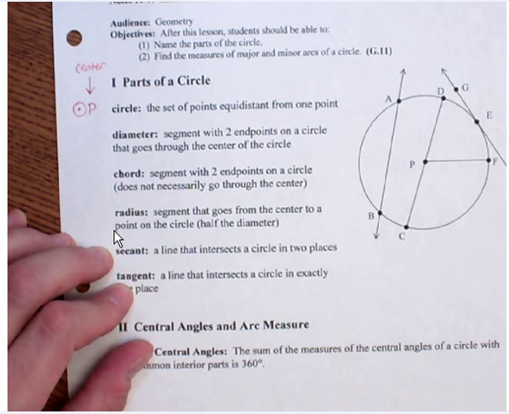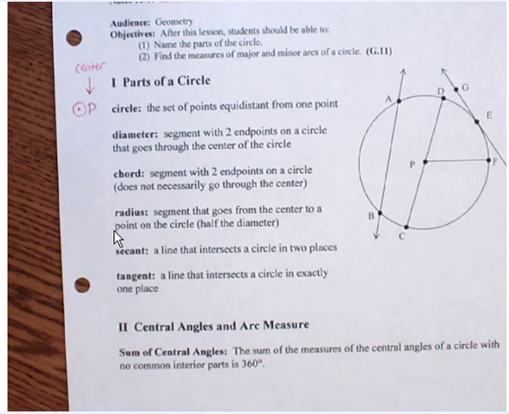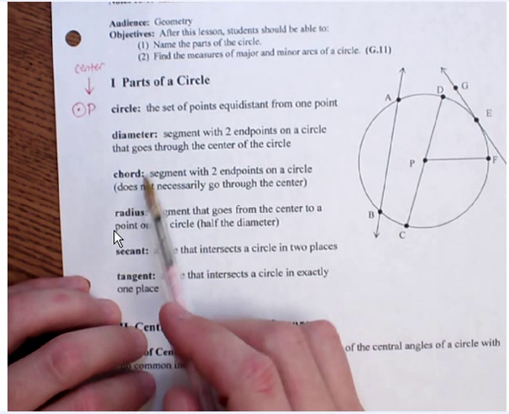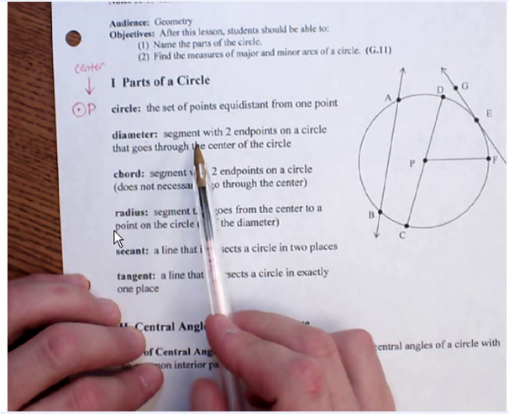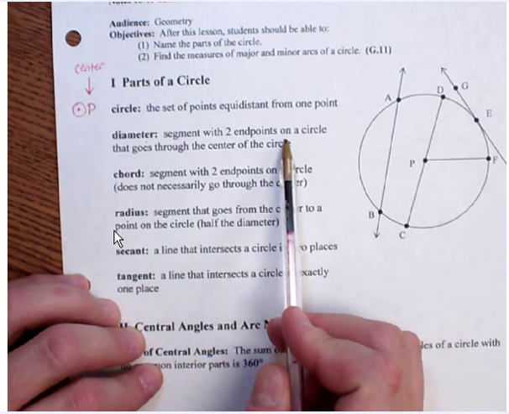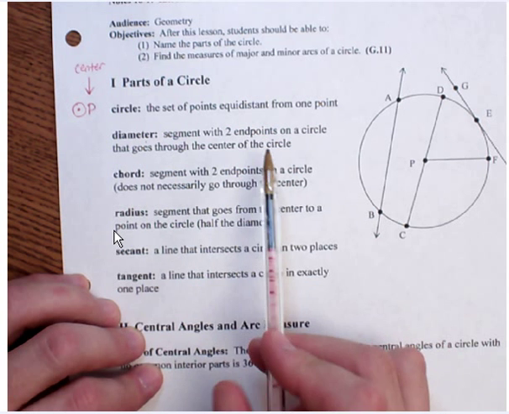Okay, so some other vocabulary terms, different kinds of segments in a circle. One is called a diameter, which I'm sure you're familiar with. The diameter is a segment with two endpoints on a circle that goes through the center of the circle.